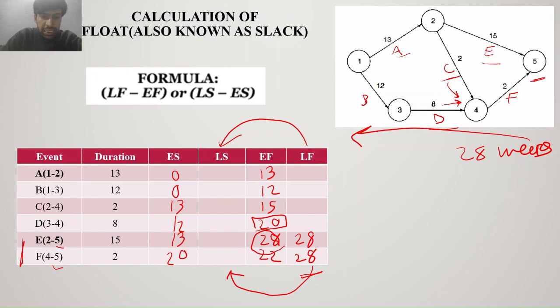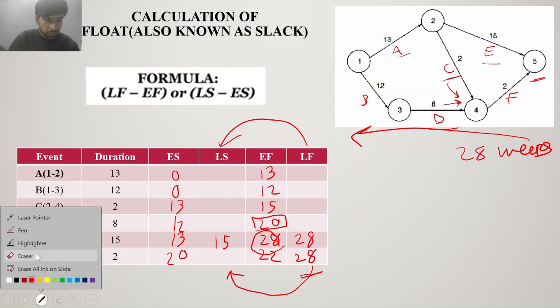28 minus 13. This will give, so this will be 15. So in this case, it will be 15. In this, not 15. This will be 28 minus 13. So minus 15. 28 minus 15.